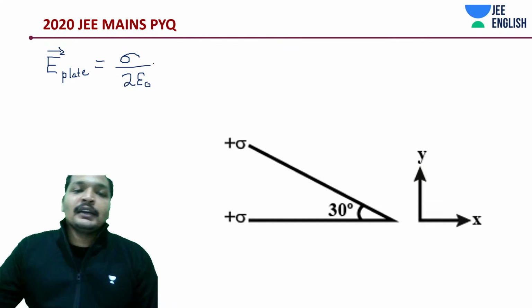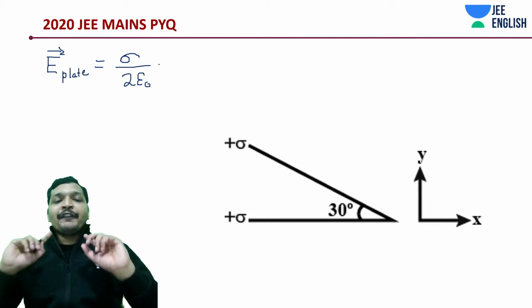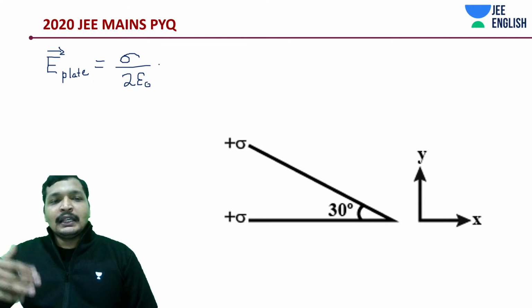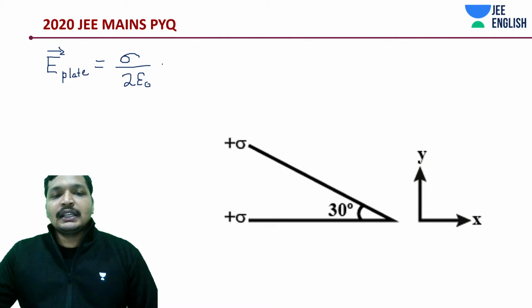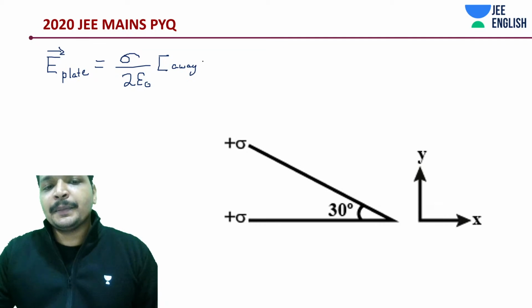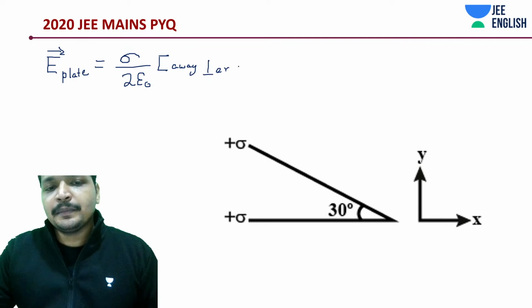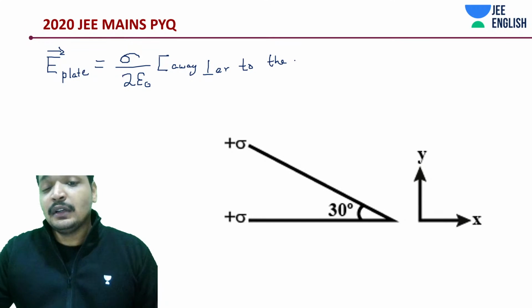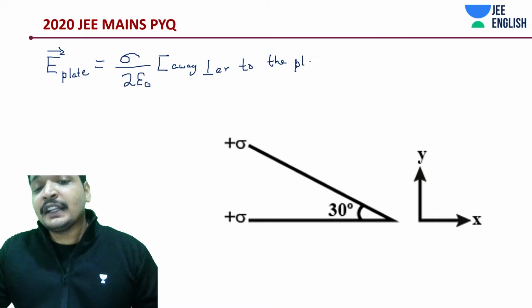We'll come to that point. And in which direction? Of course, away from it. Generally, here we can't exactly give the direction in this case. We'll be giving the direction according to however it is. Basically, you can say the direction is away, perpendicular to the plate, if it is positive.